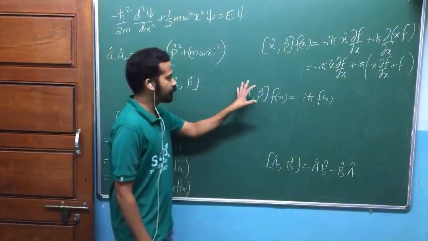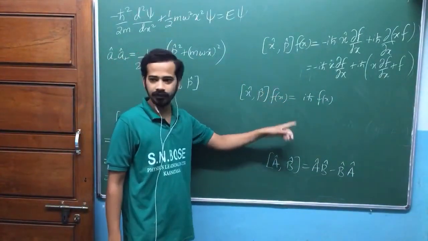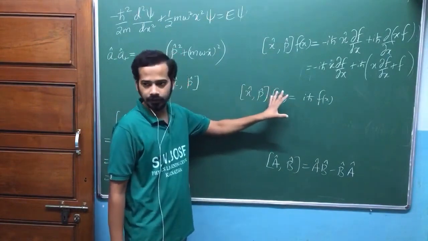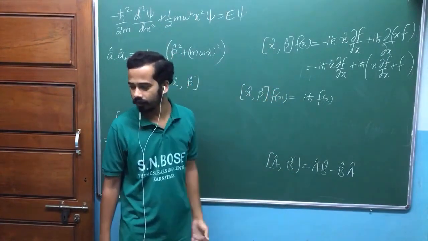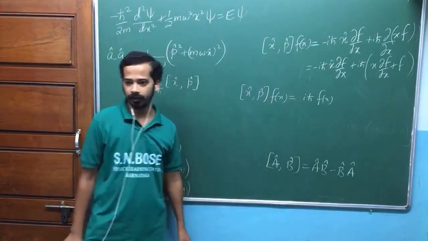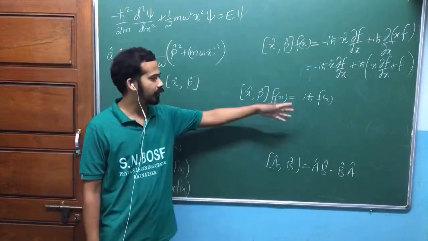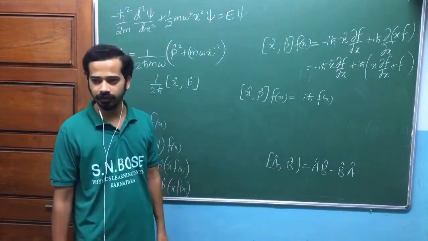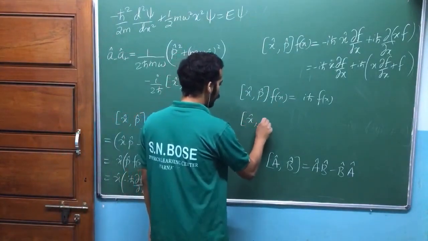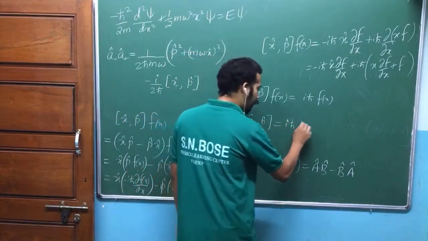That means operating this on any function, we haven't talked about the nature of this function, or any state, as we say in quantum mechanics, is nothing but multiplying it by i h bar and doing nothing else to the function. You haven't done any derivative or anything, isn't it? That's why we represent [x cap, p cap] equal to i h bar into the identity operator.